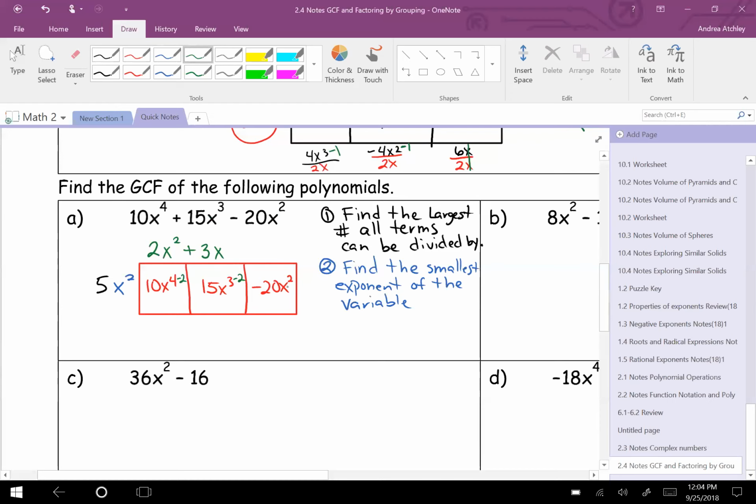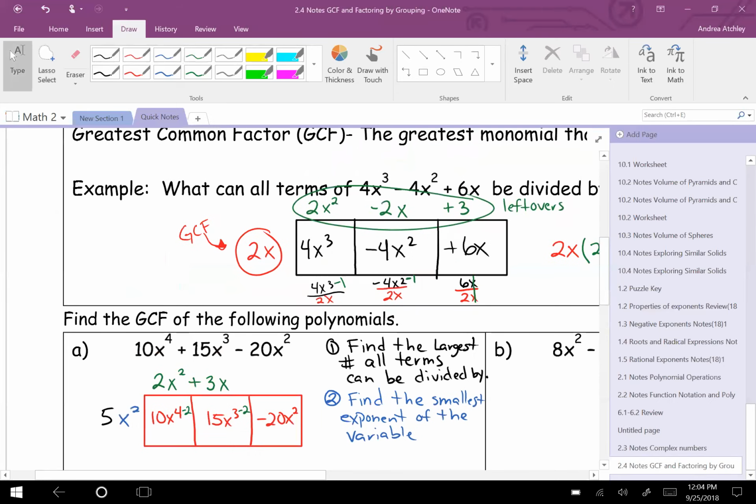The example above was 2x, so it means no exponent. But A used x2, and I was wondering. So the 6 had an x, so that's the smallest one with an exponent. So that's why it was the x. Does that make sense? Okay.